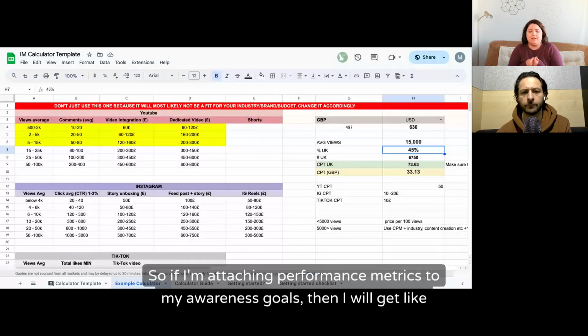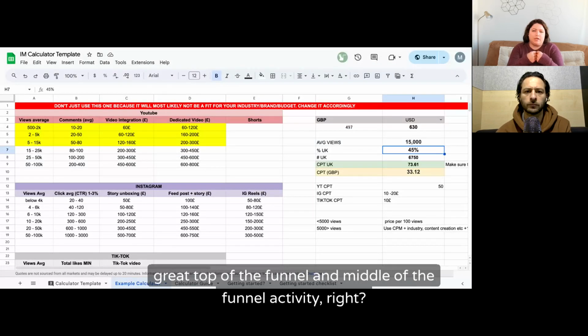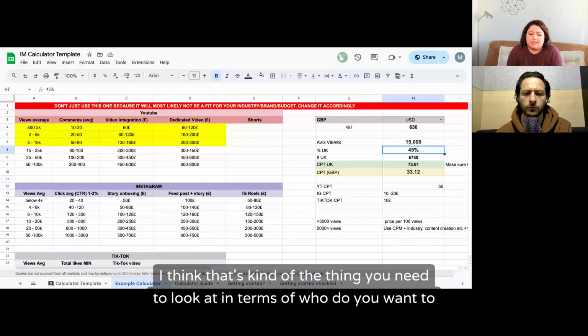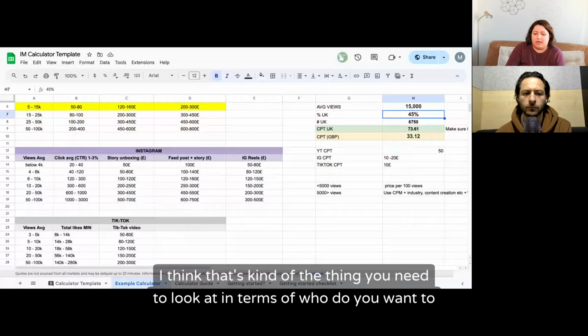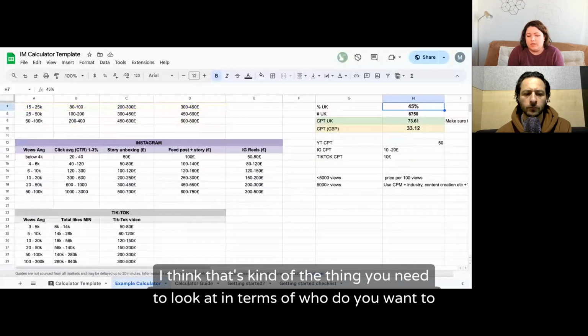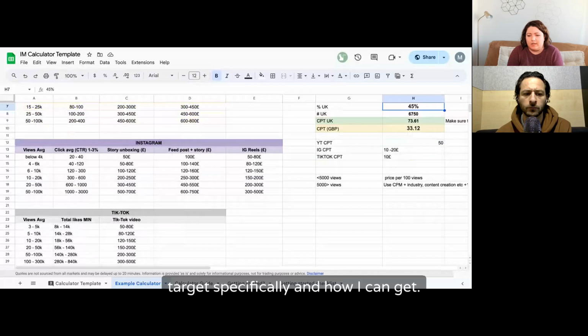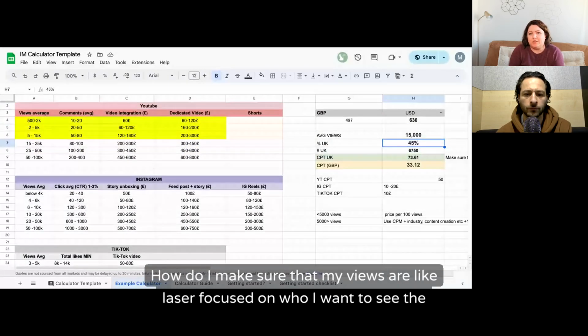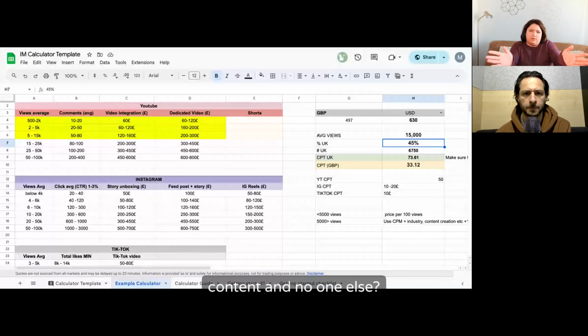So if I'm attaching performance metrics to my awareness goals, then I will get great top of the funnel and mid funnel activity. So that's what you need to look at: who do you want to target specifically, and how can I get there? This is where the second calculator comes into play. How do I make sure that my views are laser focused on who I want to see the content and no one else?